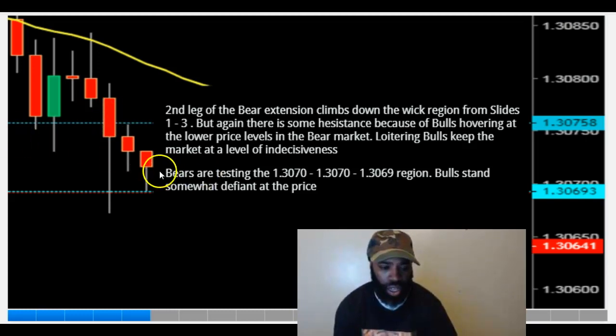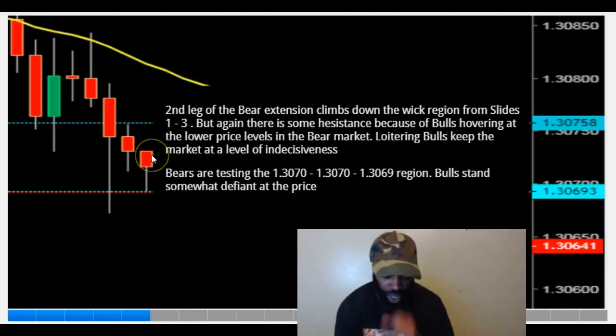Notice again, more selling going on, right? There is some hesitance. You don't see the market just dropping down. There are bulls hovering around at these lower price levels, right? And these loitering bulls, these bulls that are just hanging around at these lower price levels, are keeping the market at this level of indecisiveness, right?